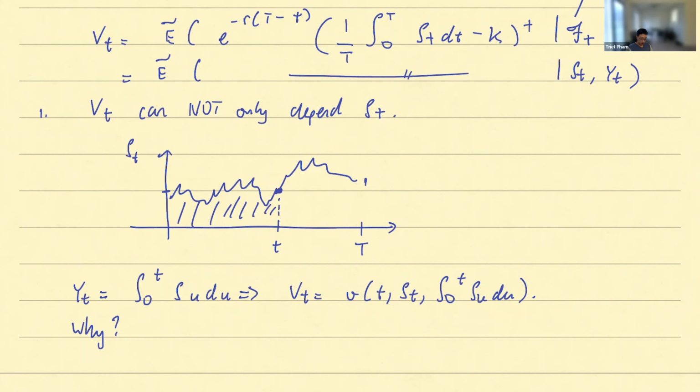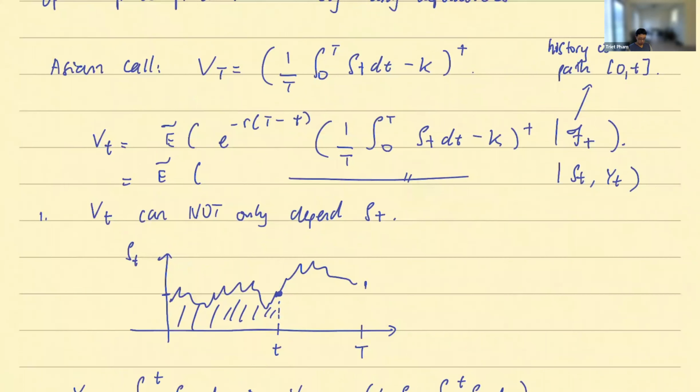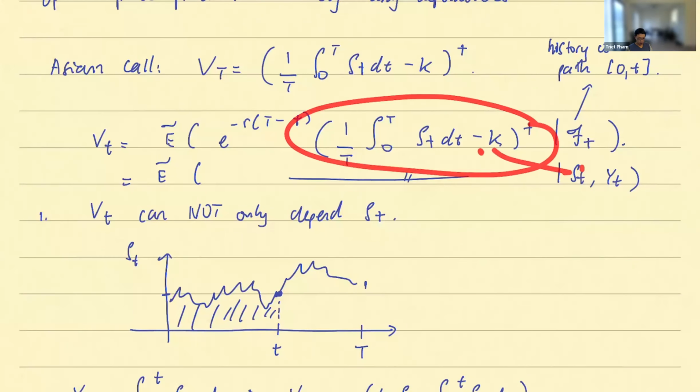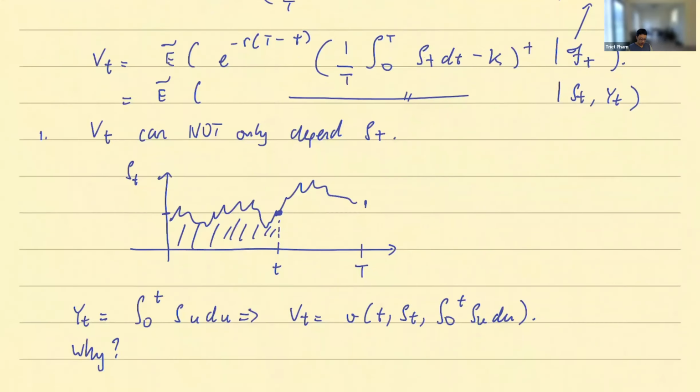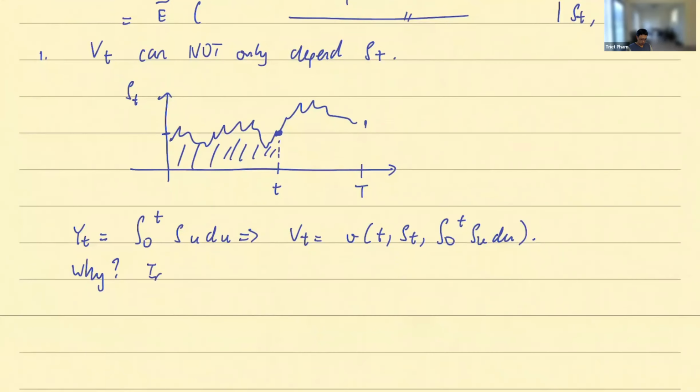So the intuition is, or you can do the math. You can basically work out this complicated expression and see how dependence goes. But the intuition probably is more natural. It's like this.